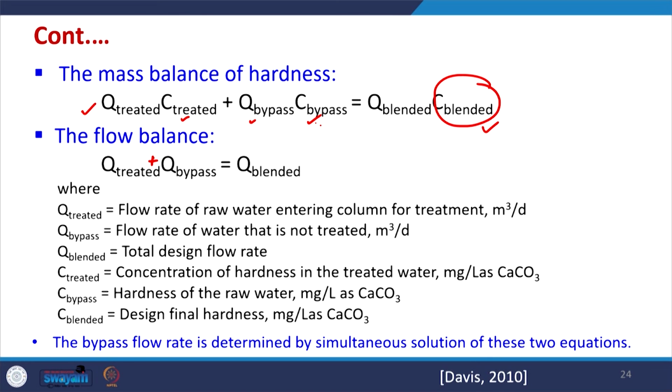So all the parameters are known, and we can easily find out the flow rate that should be bypassed, because Q, the flow rate after blending, is also known to us. This is the parameter that we have to find.